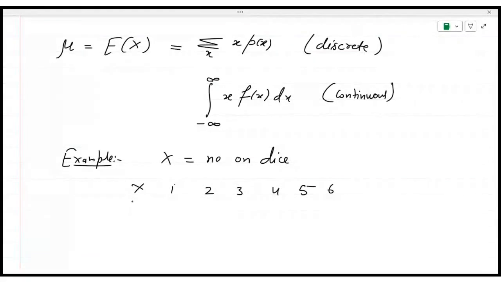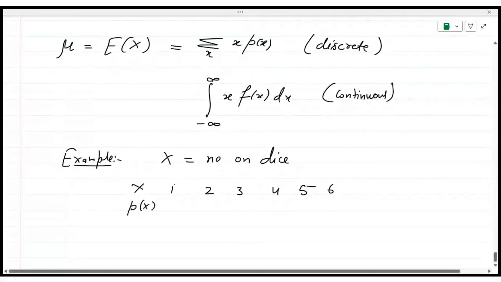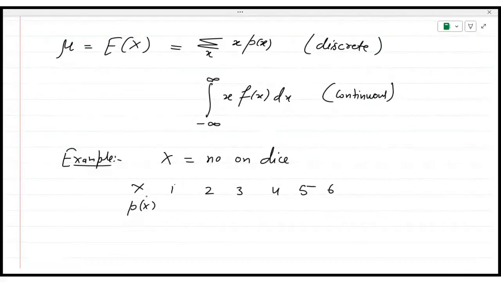Now what is the probability of each of these numbers? Because in a dice all 6 faces have equal chances. So the probability is 1 by 6, 1 by 6, 1 by 6, 1 by 6, 1 by 6 and 1 by 6. So this is the probability distribution of the number on dice, right?